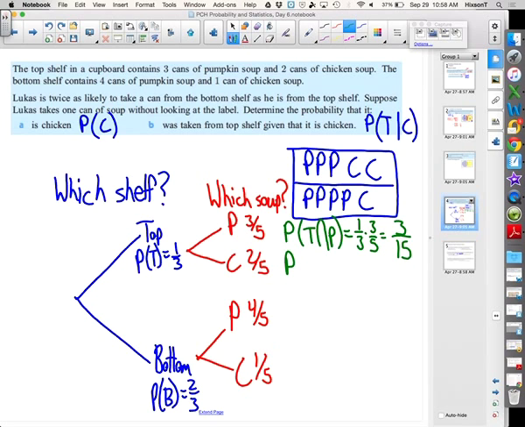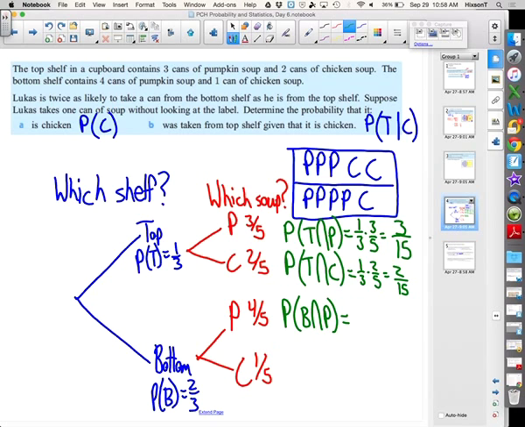So now we can do this with all 4 of these branches of our tree diagram. Okay? What's the probability that we had the top shelf and we picked chicken? 2/15. 1/3 times 2/5 is 2/15. Okay? Now we'll do the same thing for the bottom shelf. All right, we have the probability that we pick the bottom shelf and pumpkin.